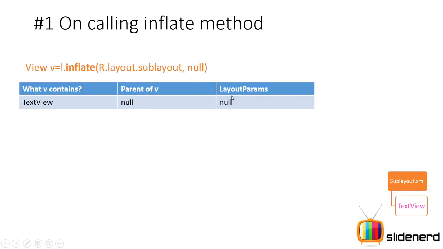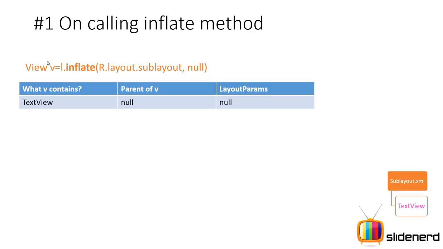Third question, what is the layout params for this v? Now what is the meaning of layout params? Layout params is an object that controls how big your view is, what the appearance is, what the orientation is, and all those things. It differs for each layout. That is why you have LinearLayout.LayoutParams, RelativeLayout.LayoutParams, and something like that, right?